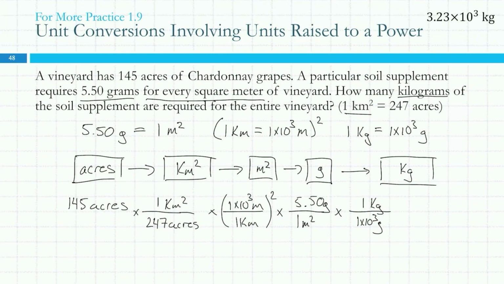So this will be 145 times 1 times 10 to the 3 squared times 5.50 divided by 1 times 10 to the 3. Nope, I missed one. And divide by 247.